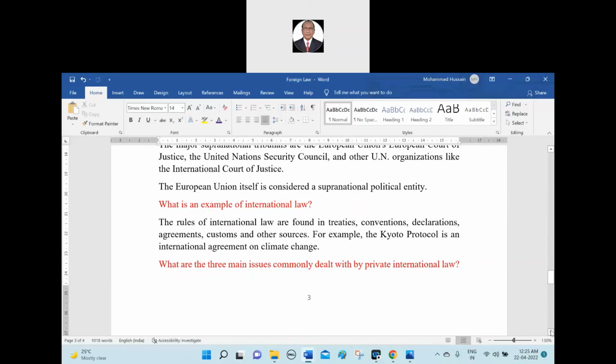So what is an example of international law? The rules of international law are found in treaties, conventions, declarations, protocols, agreements, customs, and other sources. For example, the Kyoto Protocol is an international agreement on climate change.